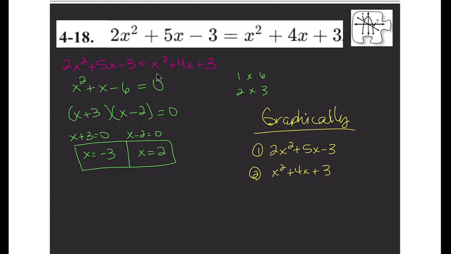So once we combined them together, you have that x squared, so it's going to be 2 answers. We solved it algebraically. Then we went through and we solved it graphically. And when we solved those graphically, we looked for where they were intersecting.